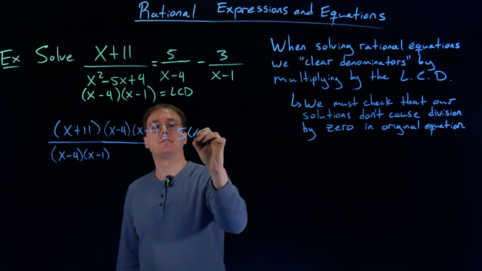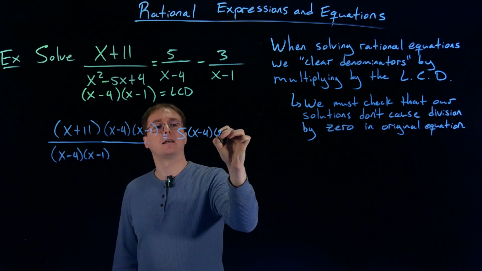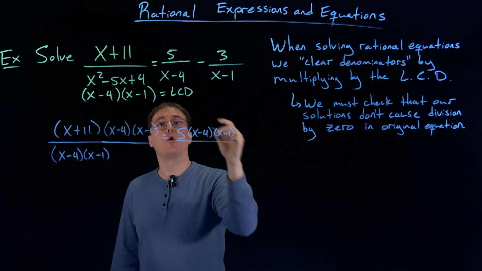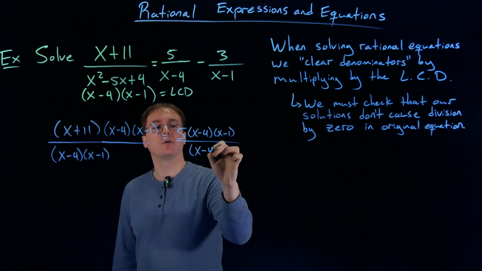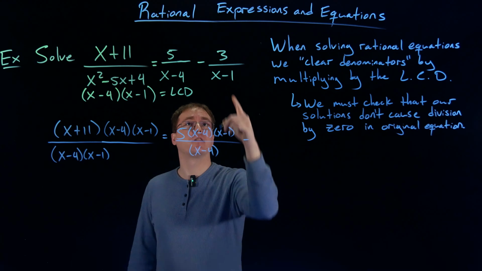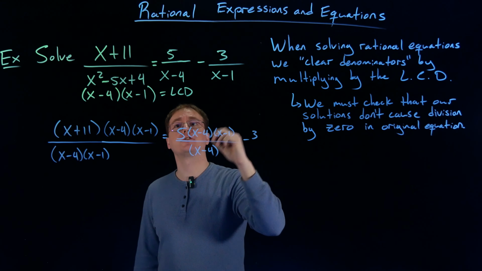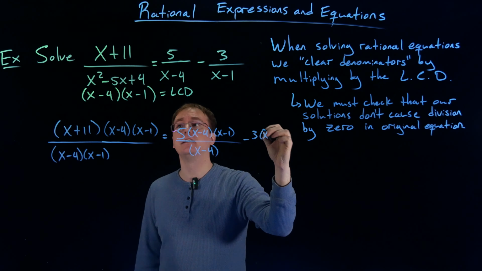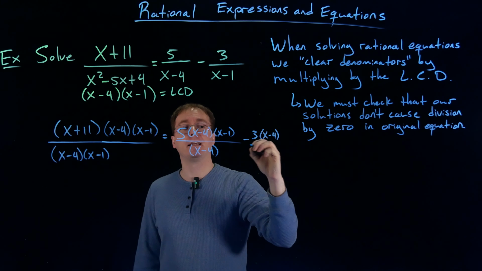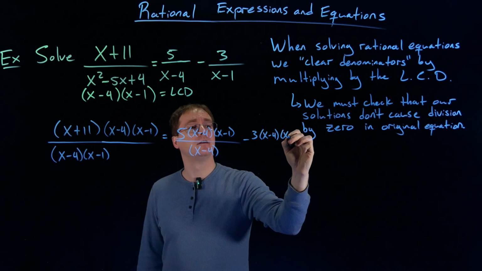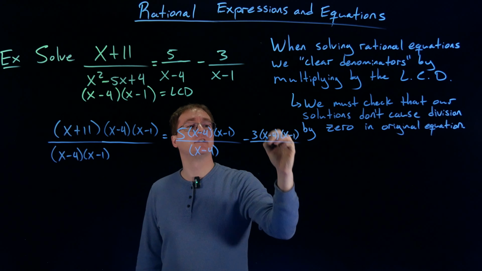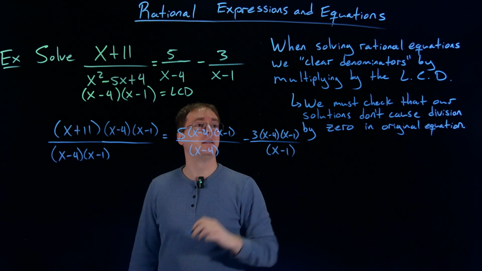So that'll look like 5 times (x − 4)(x − 1) over still x − 4, at least for now. And then the last fraction, negative 3, also has to get multiplied by our LCD: negative 3 times (x − 4)(x − 1), but it is all just over x − 1, at least for now.